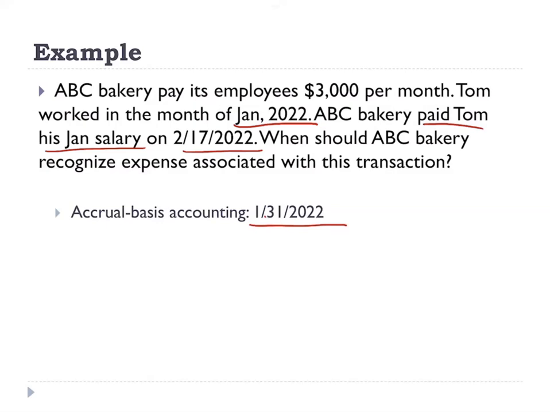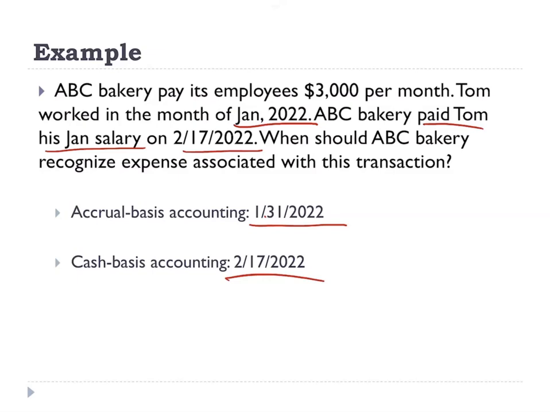So the associated expense, the salary and wage expense from Tom working for ABC Bakery in January, should be recognized in the month of January. However, according to cash-based accounting, it should be recognized at the time when ABC Bakery pays Tom his January salary, which is February 17th.